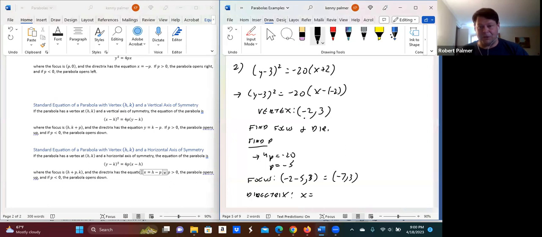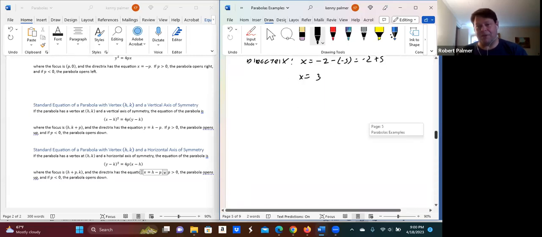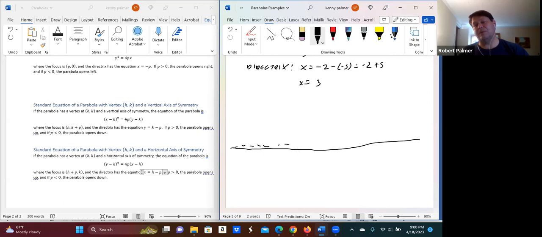And so that's going to be h, so negative 2. Careful here, since it's negative. So it's going to be negative 2 minus a negative 5. It'll be negative 2 plus 5. And so x, the directrix is going to be positive 3. Okay, so let's graph that. Well, just draw a regular set of axes.